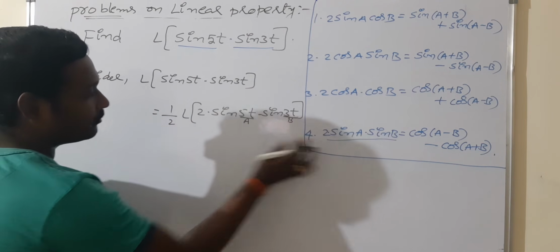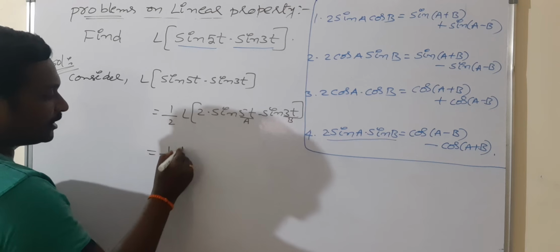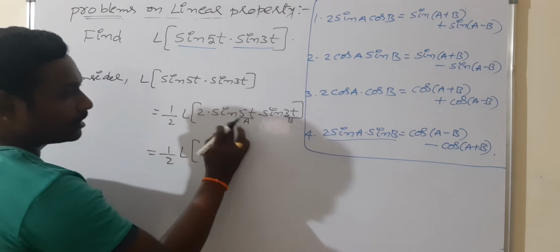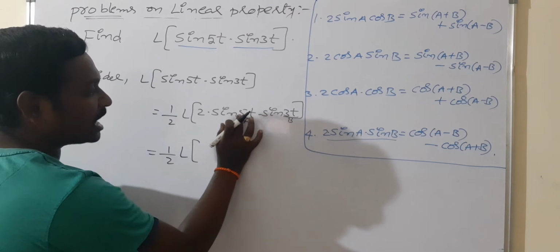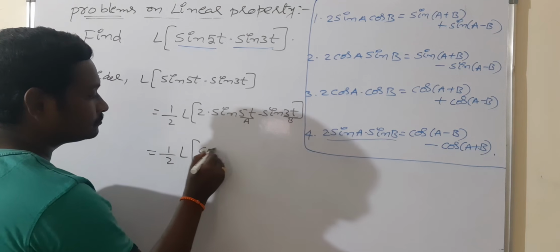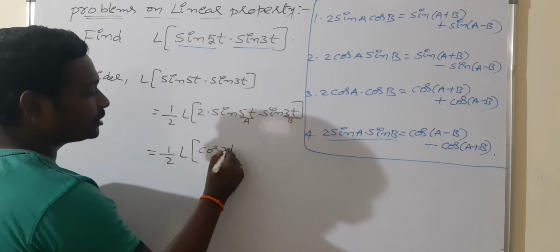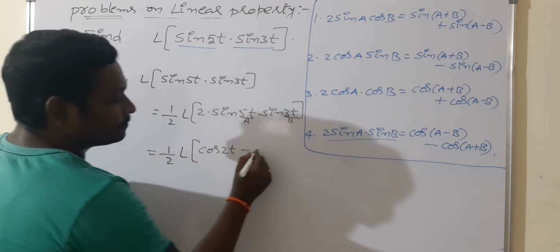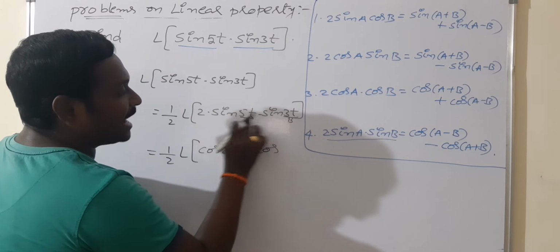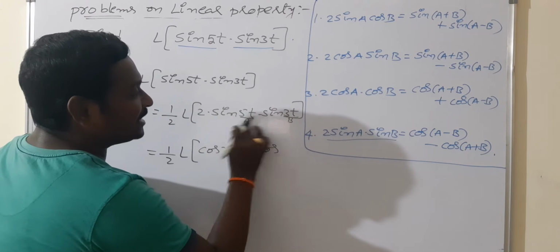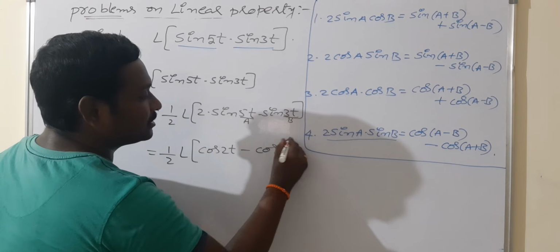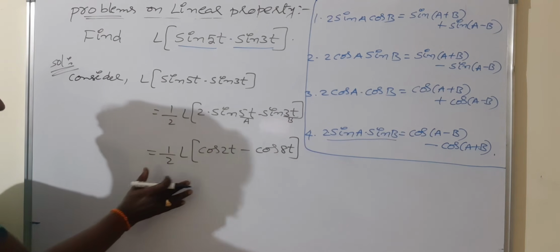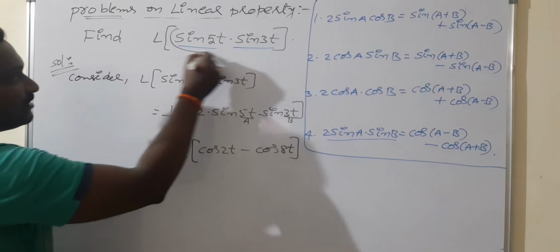Observe this formula. What is the answer? 1 by 2 into L of cos(A minus B), so cos of 5t minus 3t, cos 2t, minus cos, this time add both terms, 5t plus 3t, 8t. So in this way we can reduce the given function.